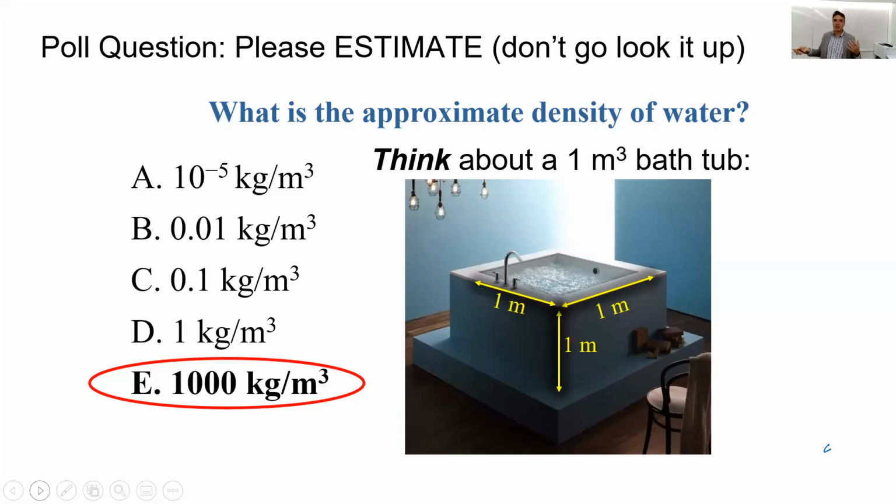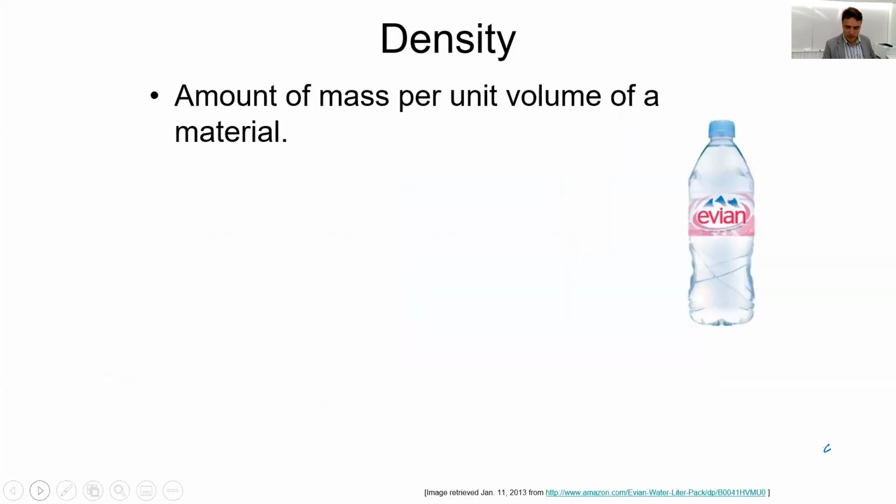With my own common sense, I can think that that much water has got to weigh way more than a kilogram. 1,000 kilograms maybe seems like a lot, but I guess water is pretty heavy. And if you just have a choice between 1 or 1,000, I would say it's got to be 1,000. So this was sort of an estimation problem.